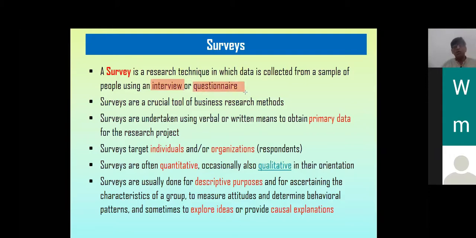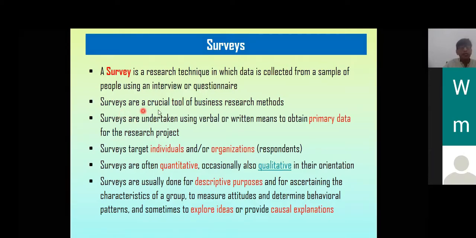Survey can be conducted with the help of the interview as well as with the help of the questionnaire. Normally, we think that a survey is only conducted with the help of the questionnaire. Normally people think so, but it's not true. Interview can also be a source to conduct a survey. So these are the two methods through which you can collect your data from your respondent: the interview and the questionnaire.